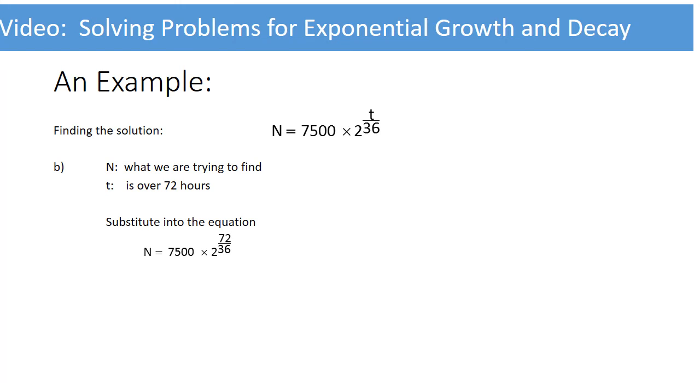N is equal to 7,500 times 2 to the exponent 72 divided by 36. 72 divided by 36 is 2, so 7,500 times 2 to the exponent 2, which is equal to 30,000. The number of bacteria present after 72 hours is 30,000.